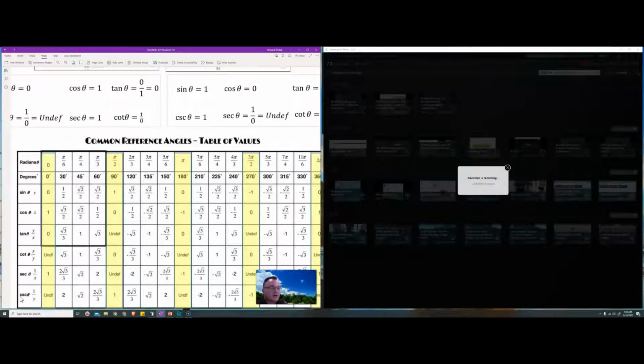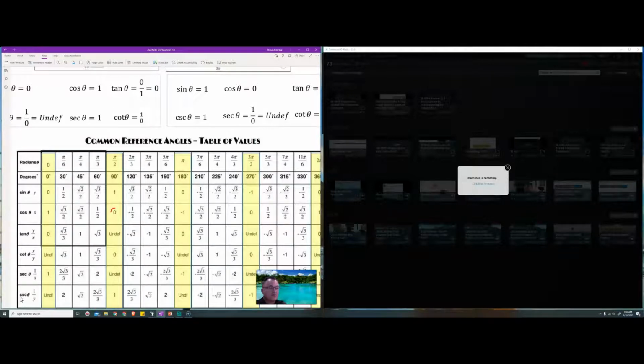Tangent is y over x. So when you do the tangent here, you get 1 over 0, which is undefined. When you flip that, you get 0 over 1, which is 0. The secant is the x value flipped over.